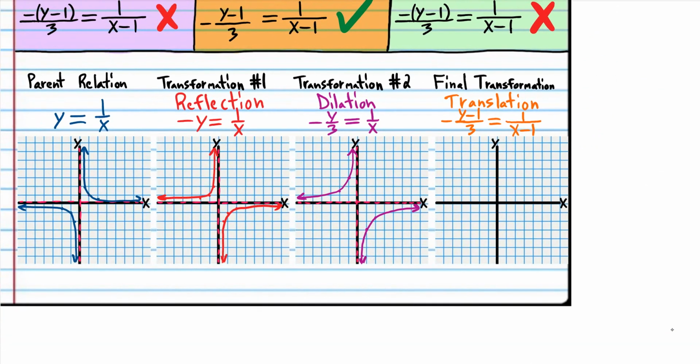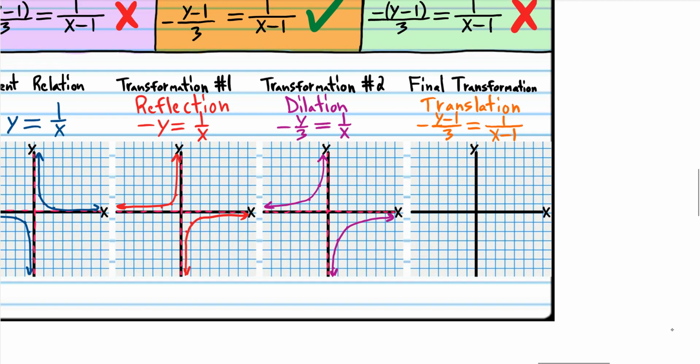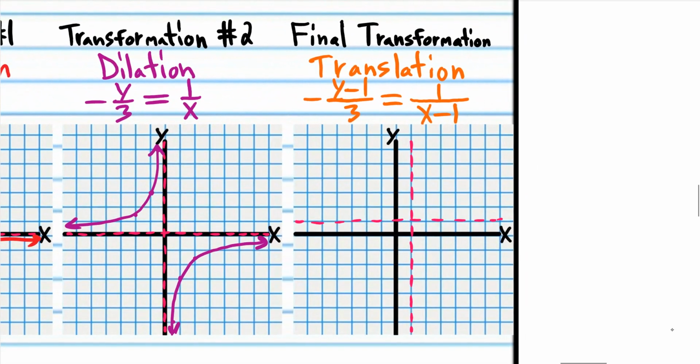Now we're going to translate, so we're going to move the entire graph 1 unit to the right and 1 unit up. So that's going to move the asymptotes. And if we pretend that this is the origin, we can just find these same points. So this point was 1, negative 3.